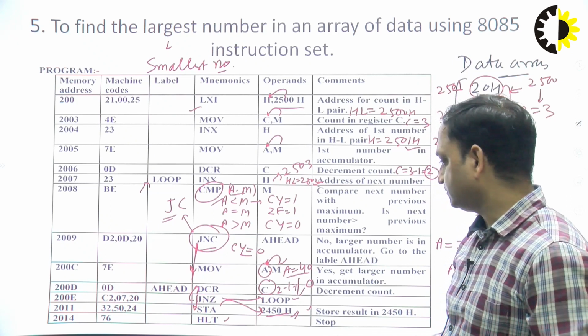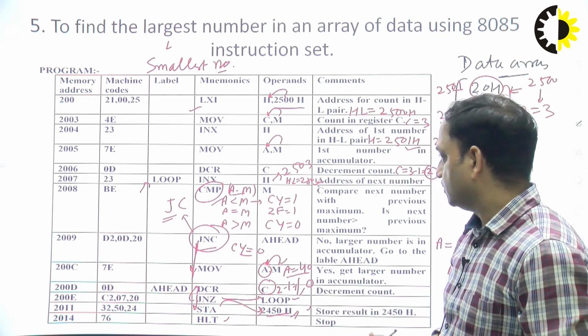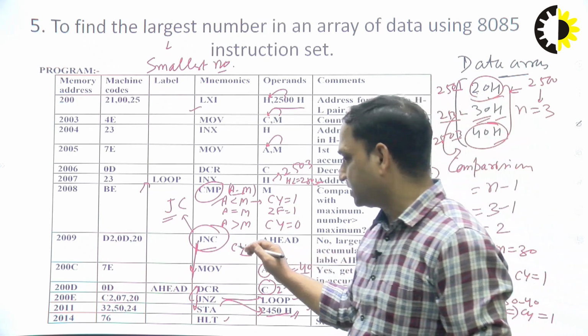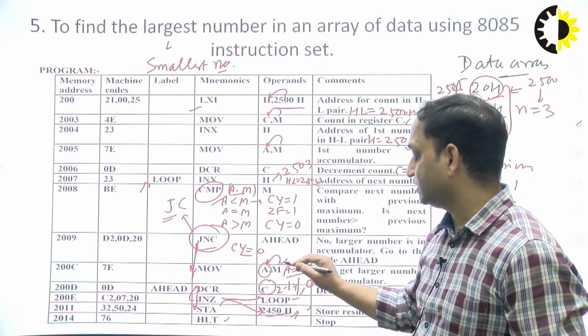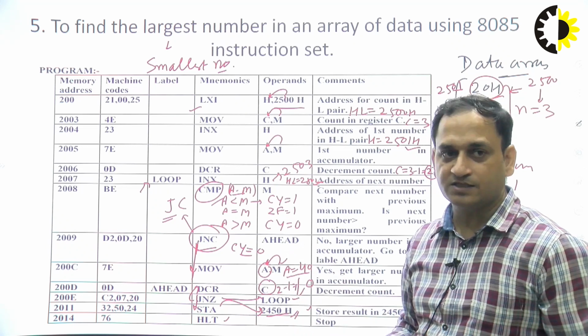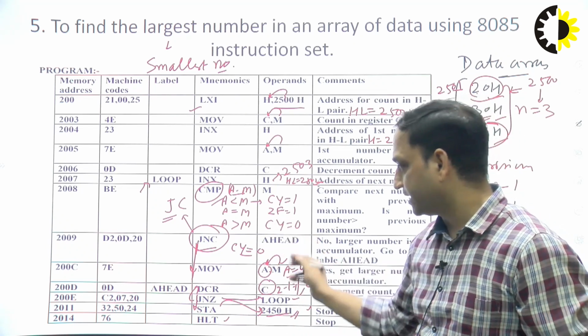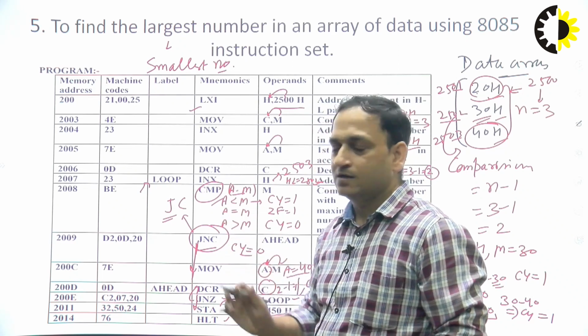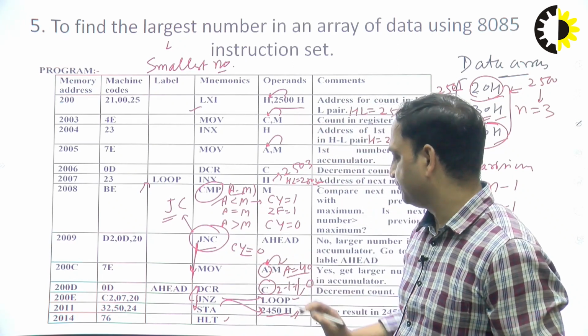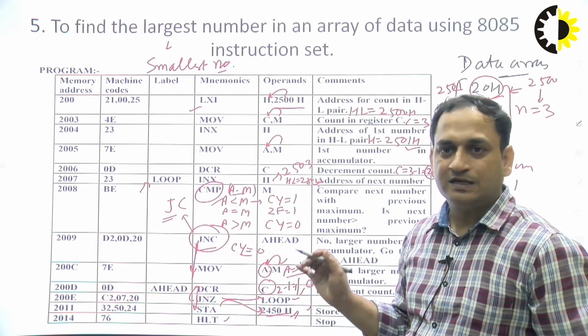So we are using the conditional jump instruction here. If we do not use the conditional jump, then the iteration will occur infinitely and go to the locations which are specified. That is why we have to use the conditional jump.